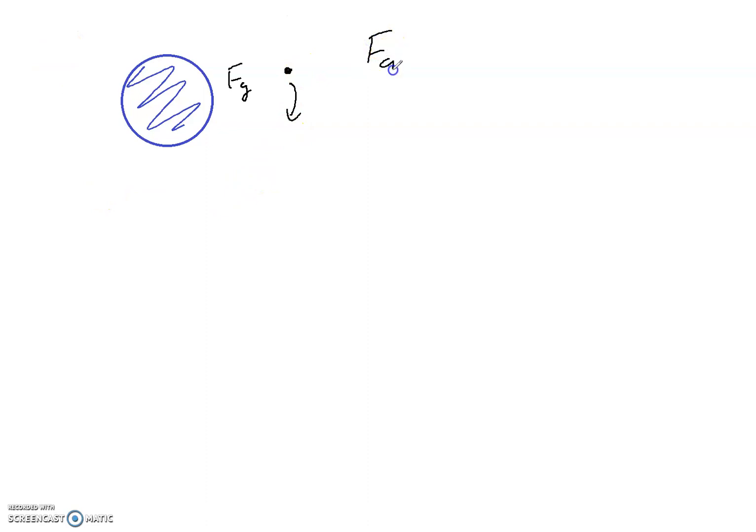So Fg is often connected to Fc. And of course it's not a circular orbit, but we can take an average radius, an average v, an average everything to get a general idea of what's going on. So we can actually connect force of gravity to Fc.